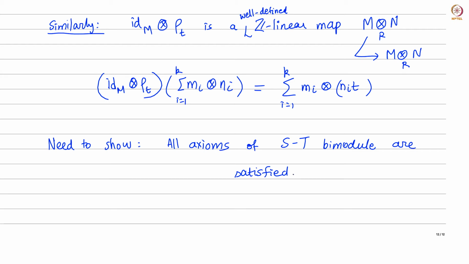Of course there are several axioms to check in some sense, but let me leave some of them for you as an exercise. So first you need to check that this is a left S module. M tensor N, let's see, what all do we need to check?